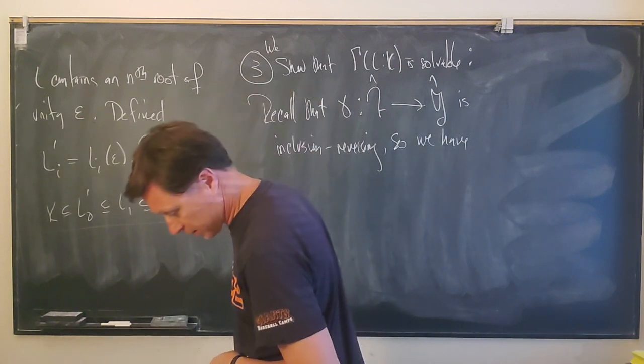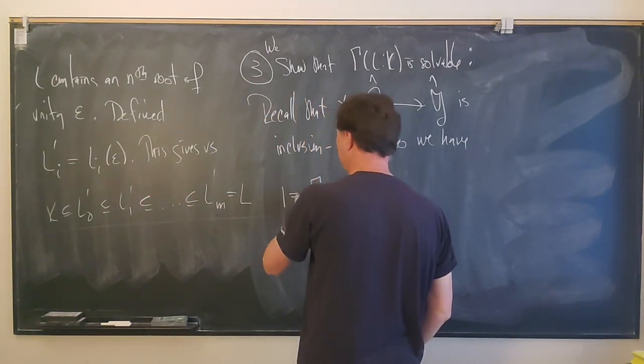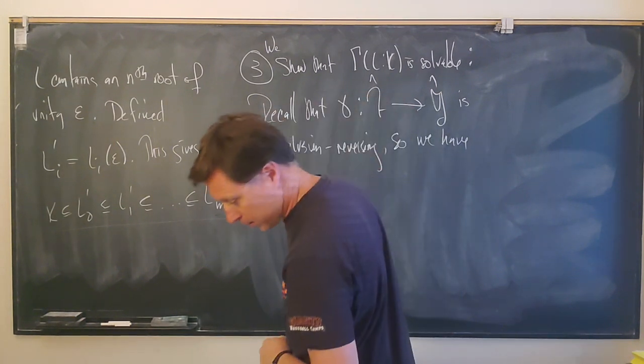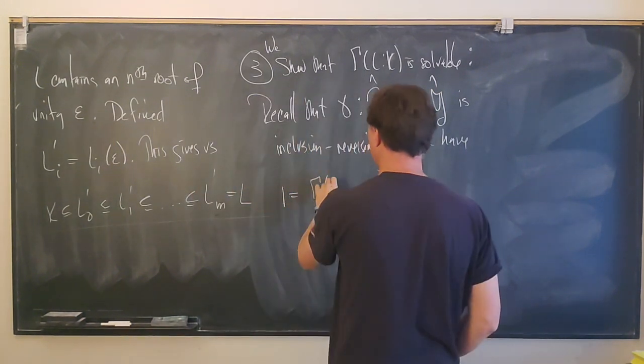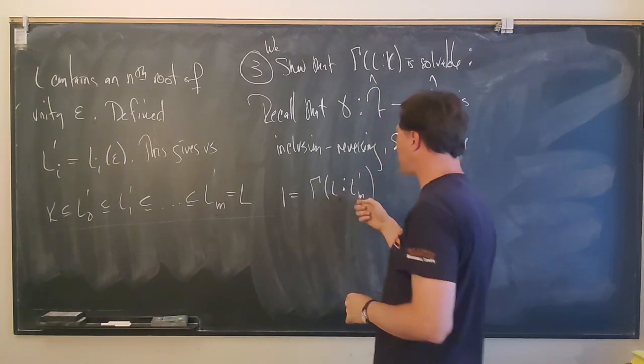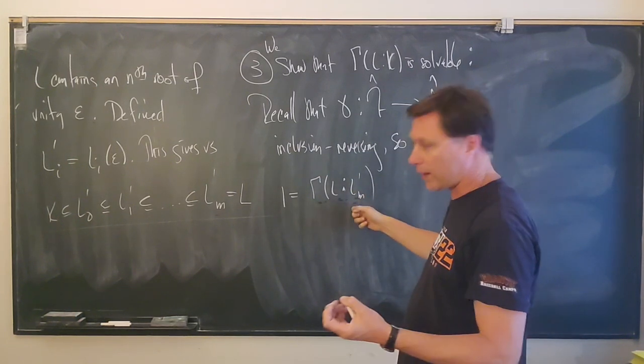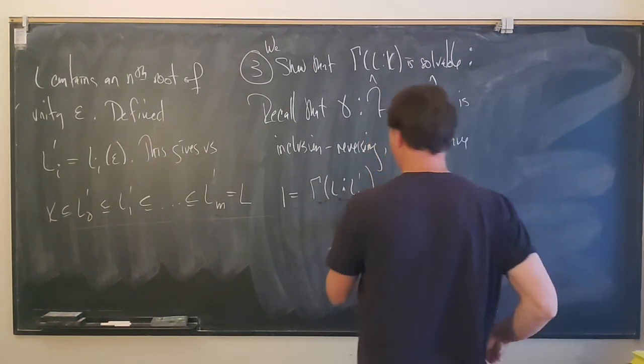So this will give us 1, which equals gamma of L over L sub m prime. L is equal to L sub m prime, so this is the Galois group of L over L, which is trivial.